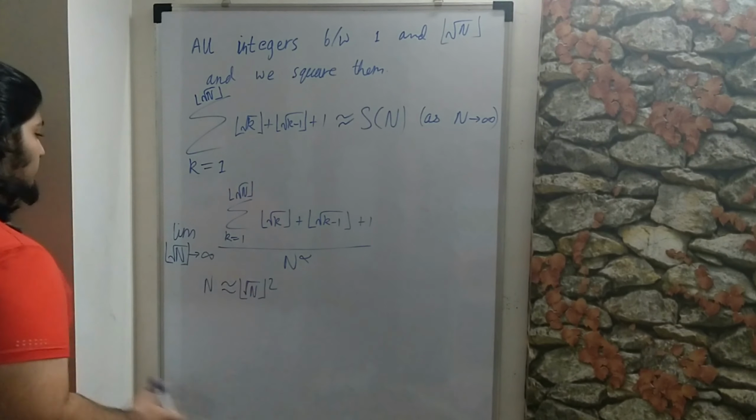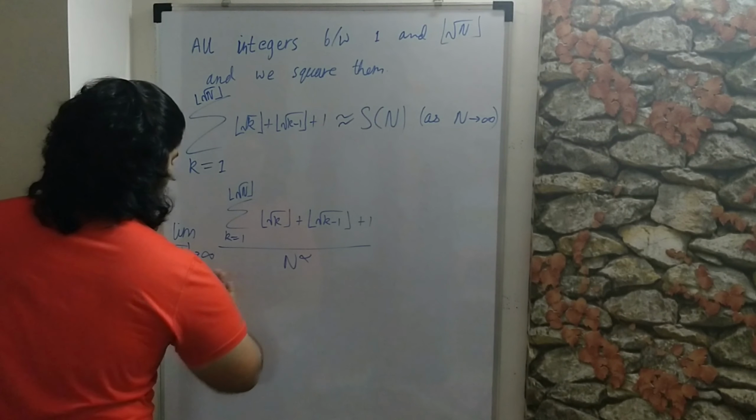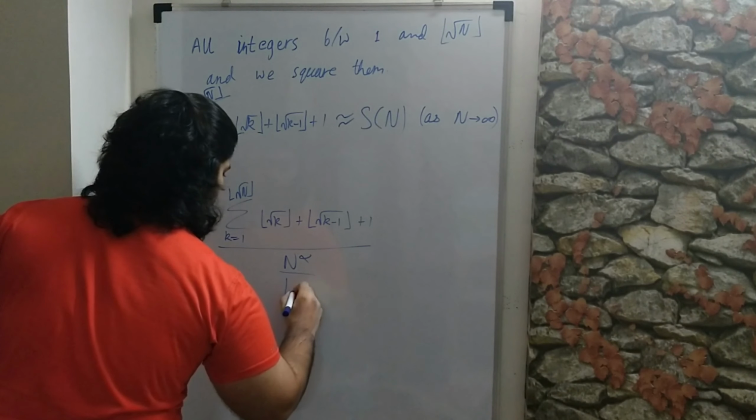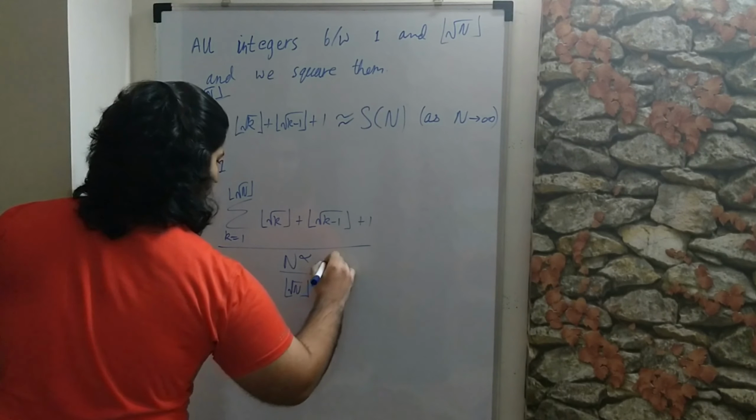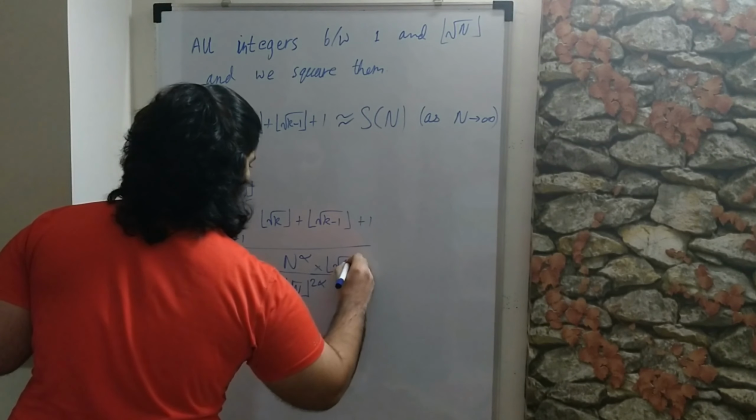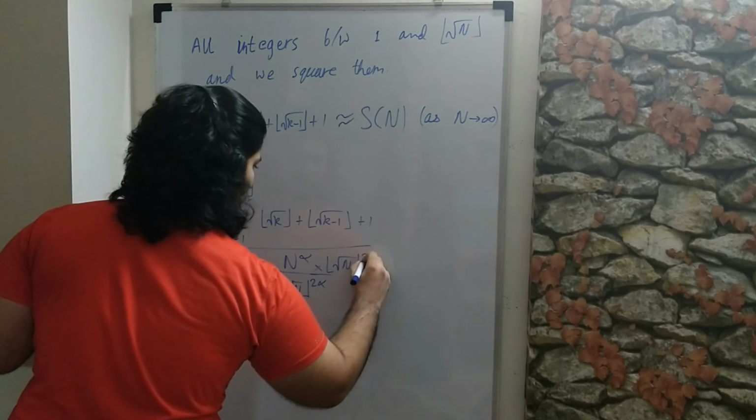If you want to make it more rigorous, you divide this by floor of root n to the 2 alpha and multiply it by floor of root n to the 2 alpha.